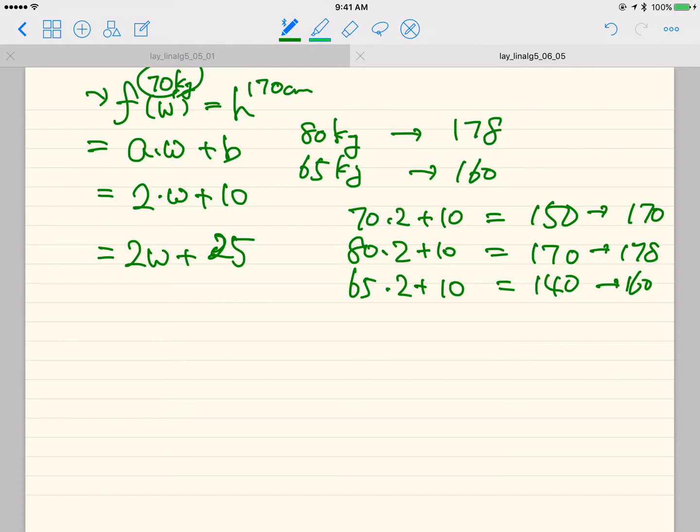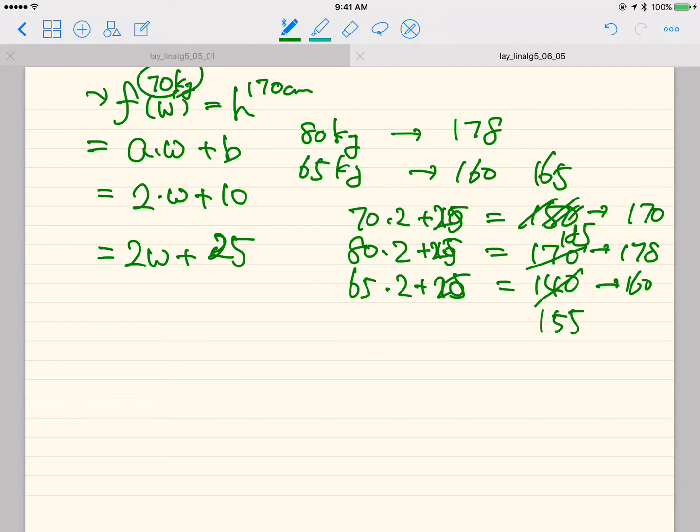This one will become 165, 185, 155. So this became a better model, right? Because it became closer to your target values, at least based on your training examples.